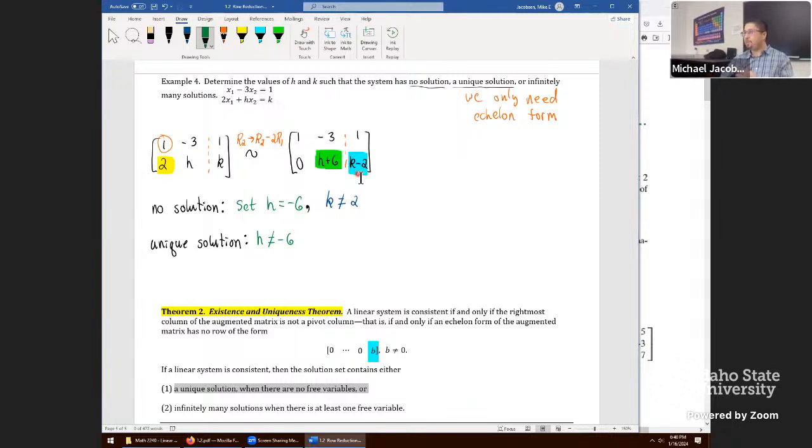The moment you put a pivot here, and there definitely is, it doesn't matter what h and k is, but we've made it so that's not zero, that's our second pivot. Now these values could be anything. So unique solution, h cannot be -6, and k can be any real number.